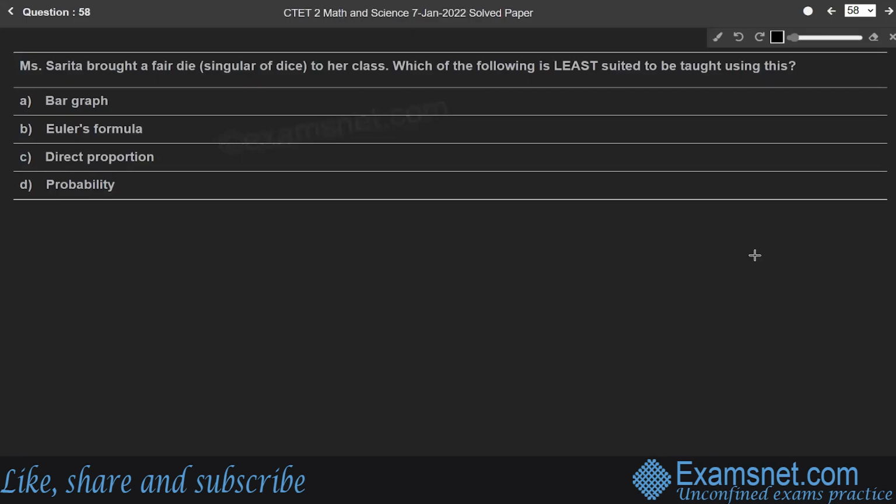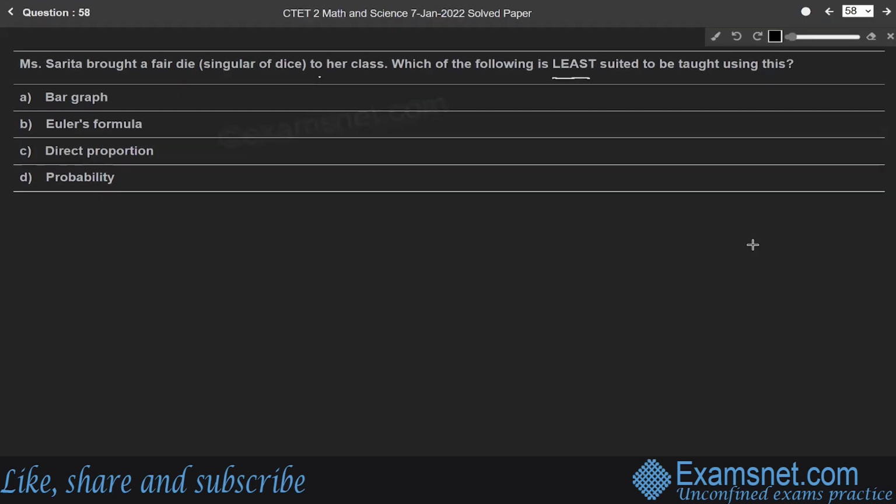Question 58. Miss Sarita brought a fair die to her class. Which of the following is least suited to be taught using this? Here, dice are small throwable objects with marked sides that can rest in multiple positions. So imagine a die. Dice are small throwable objects like this with marked sides that can rest in multiple positions.